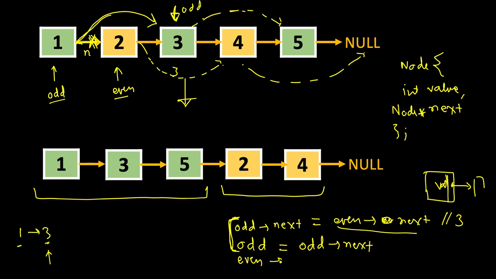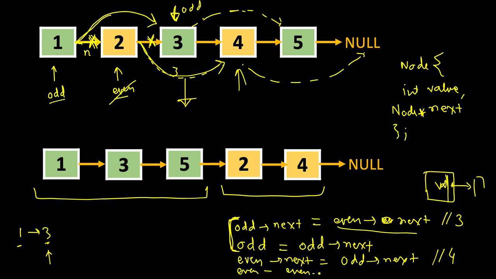And when we apply the same logic to even, we have already moved odd, so its next node is 4. So odd is this one, currently we have shifted here, and its next is 4. So now even next is 4. This arrow is introduced and this arrow is gone, since this arrow can just store one address, so this will be gone implicitly. And now our task is to move even here. So what we will do is even equals even next.